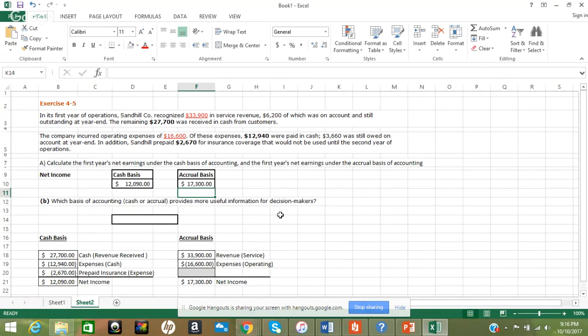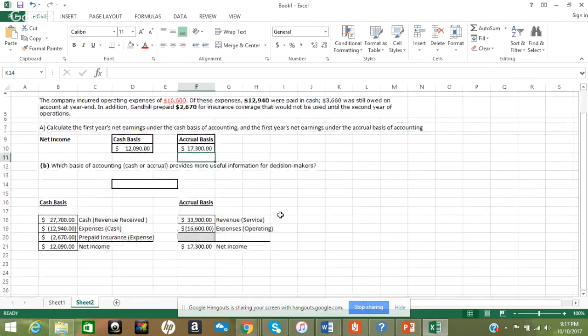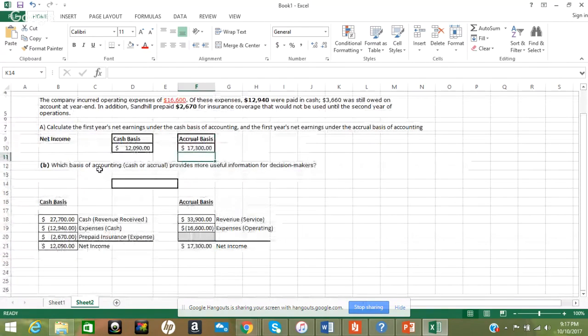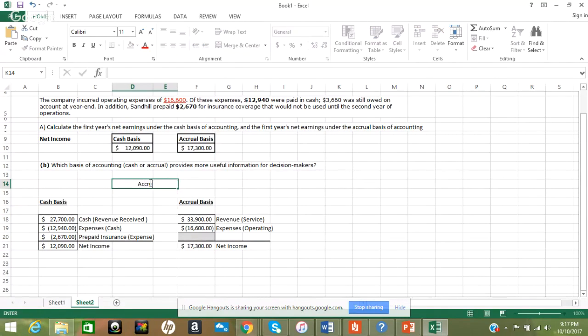What we're told in the textbook as well is that cash basis accounting is not in accordance with GAAP, the generally accepted accounting principles. So which basis of accounting provides more useful information for decision makers? It is the accrual basis.